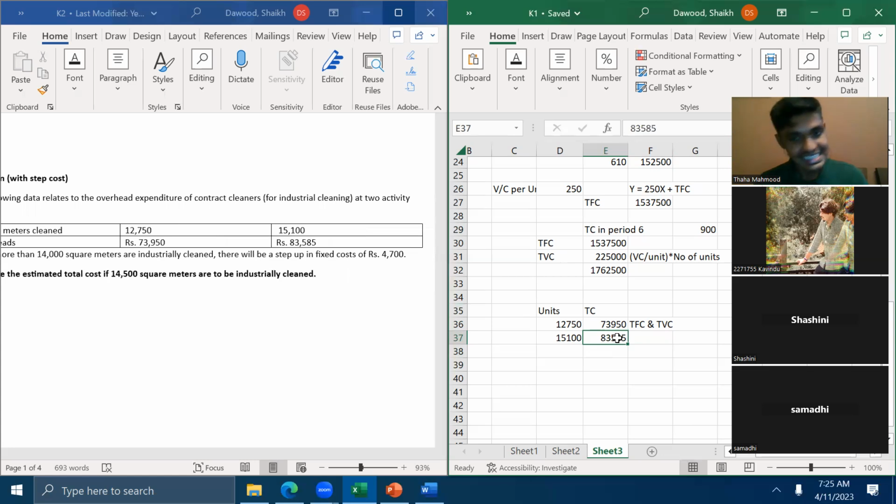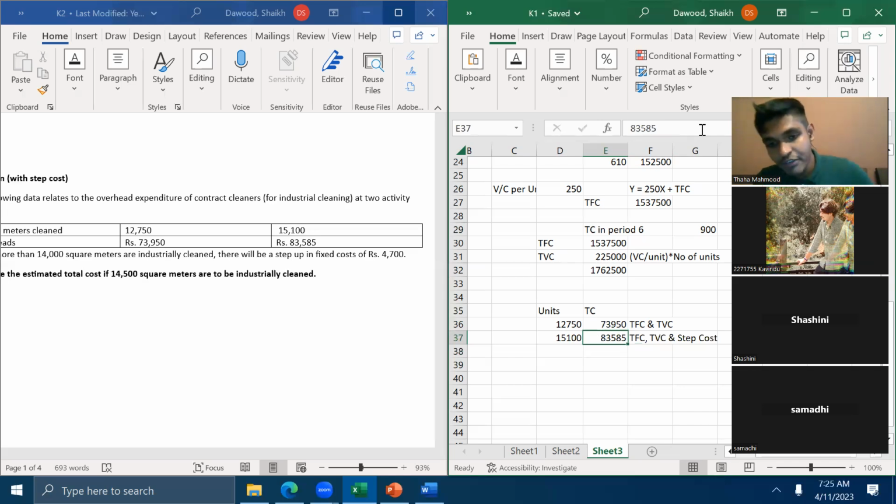Therefore inside this 83,585, there is a total fixed cost, there is a total variable cost, and there is a step cost portion as well. So in order to solve this, what we can do is remove the step cost portion out of this 83,585.